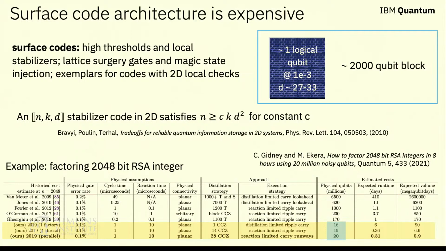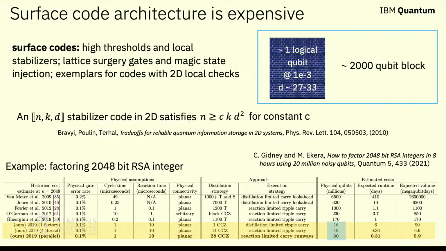It means that when you actually go to implement an algorithm, you're going to have very large overheads coming from your error correcting code. So for instance, there's this paper by Gidney and Ekerå where they look at how to factor integers for RSA, and they end up using surface code blocks that have distance 30.